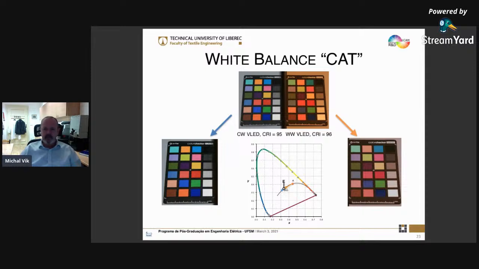You can see here a picture where there are two color checkers. On the left side, this checker is illuminated by a cool white light source. On the right side, warm white is used. And you can see a completely different appearance of both standards.